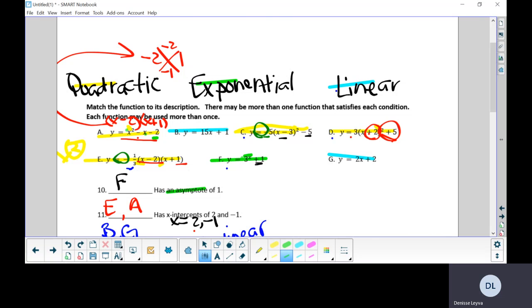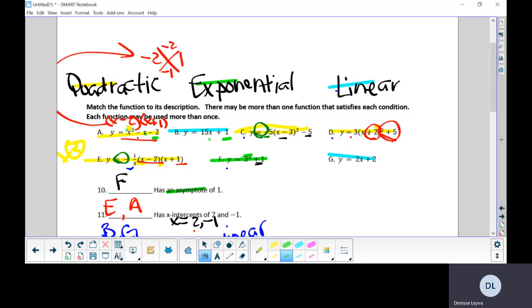Now we're looking for 2, not negative 2. Same thing here. If I were to plug in 0 here, 15 times 0 is 0 plus 1. It'd just be 1. Same thing goes for question C. All you have to do is just plug in 0, plug in 0, plug in 0.